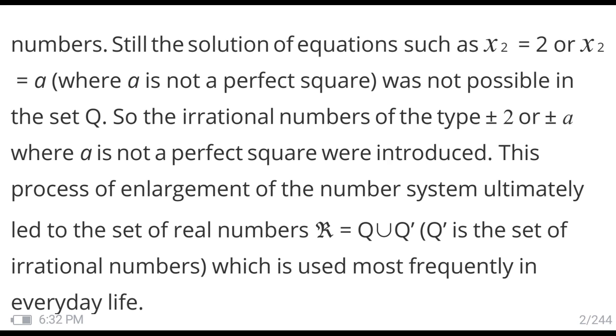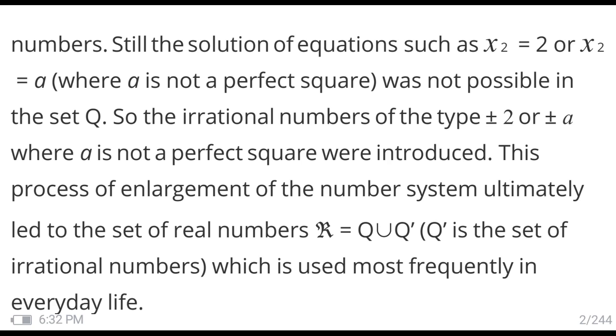Still, the solution of equations such as x square equals 2 or x square equals a, where a is not a perfect square, was not possible in the set Q. So irrational numbers of the type plus minus square root 2 or plus minus square root of a, where a is not a perfect square, were introduced.